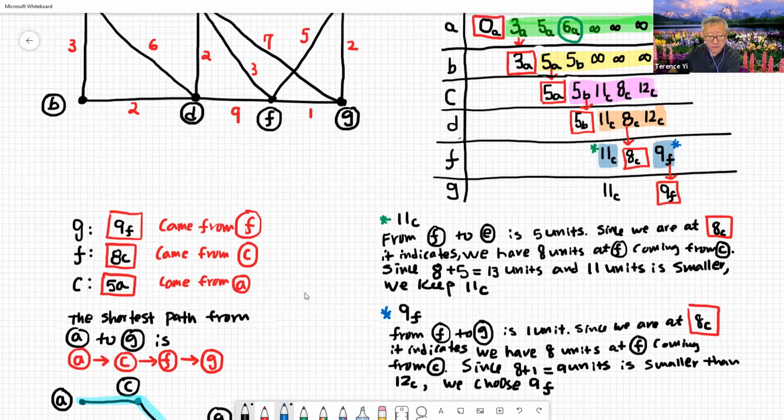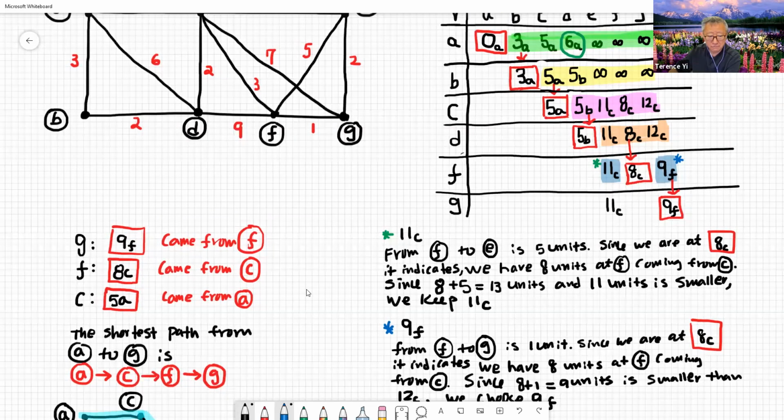All right, so what we have here is that we need to look at the red boxes. So I'm just going to tell you 9F. We are on the left-hand side.